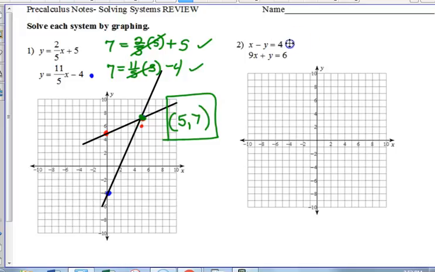Yeah, we got to get it in y equals form. Maybe x minus 4 equals y. How does that look? Looks good to me. And y equals negative 9x plus 6. So if I do the top one in red, it starts down here, and it's going up 1 and over 1.